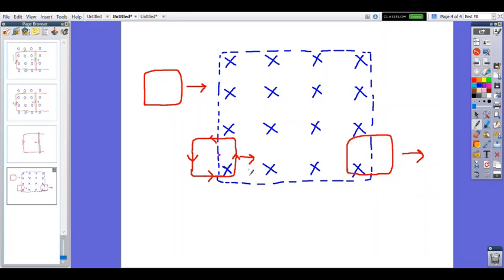Now I'm going to take a look at this leading edge right here, this part of the wire that has a current going up in it. I'm going to treat that as a test wire, do my V cross B method, and if I do V cross B, I should see I get a force to the left.